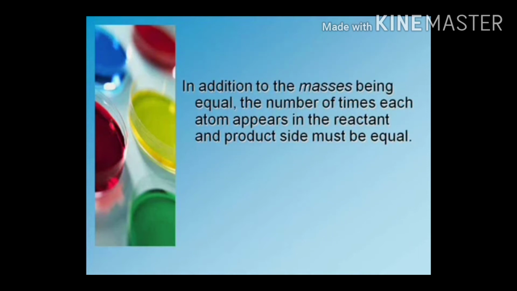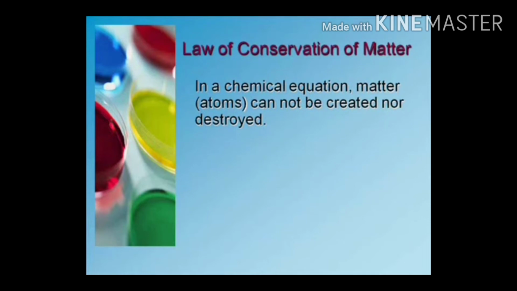In addition to the masses being equal, the number of times each atom appears on the reactant and product side must be equal. That is, the number of atoms on the reactant side should be equal to the number of atoms on the product side. So this law is related to the balancing of unbalanced chemical equations.